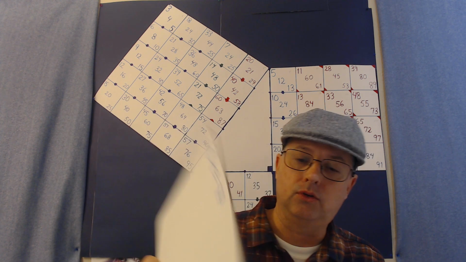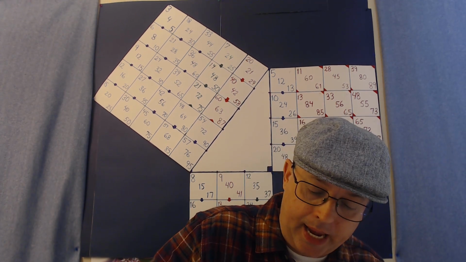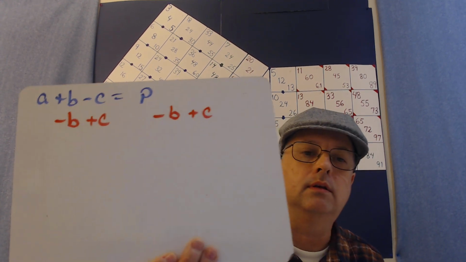Okay, and so now let's realize that if we subtract the B value, subtract B, and we add C, and that means we're going to subtract B and add C on the other side, like that.